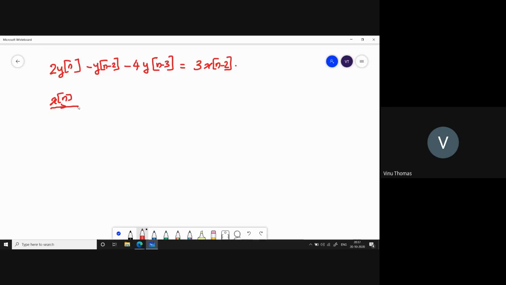So you have a z raised to minus 1, and here we have a z raised to minus 1. So here we have x(n minus 2). So this is multiplied by 3 here. But now you see that there is a difference here.